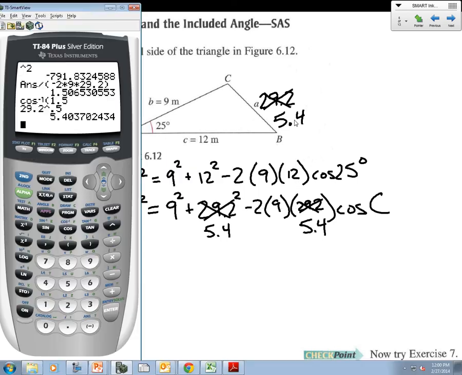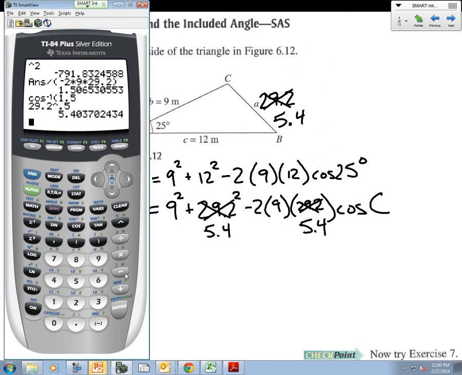All right, now we go back to the calculator. Let's get some correct answers here. This is a 12 on the left side, so that's 144 minus the 81 minus 5.4 squared, 33.8. And now let's divide that by negative 2 times 9 times 5.4.